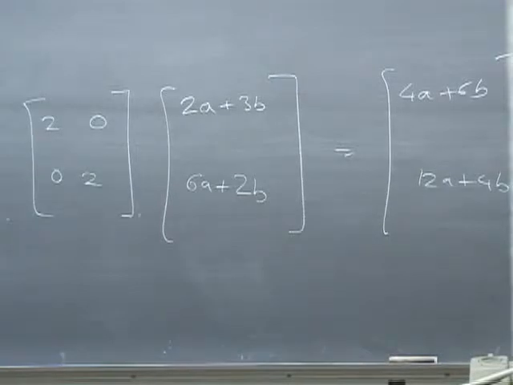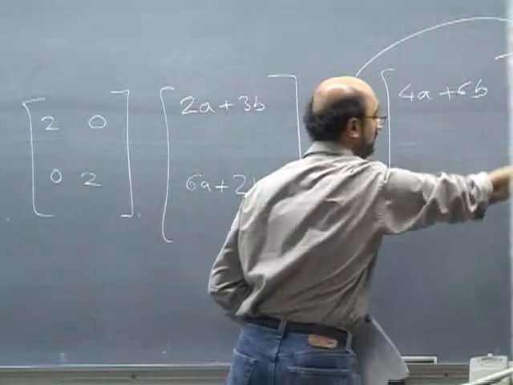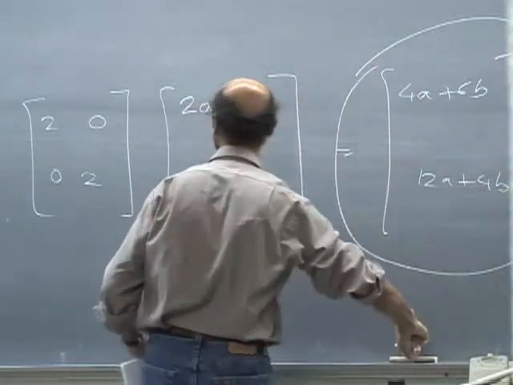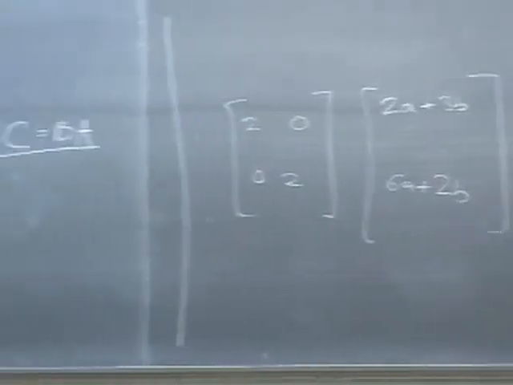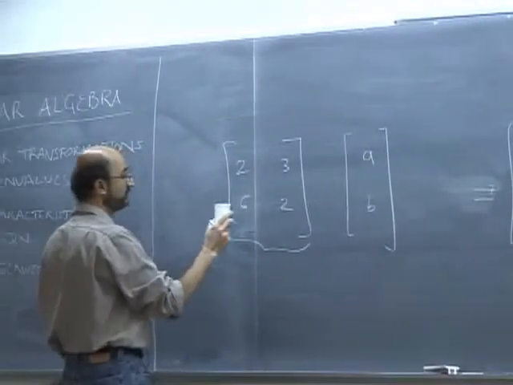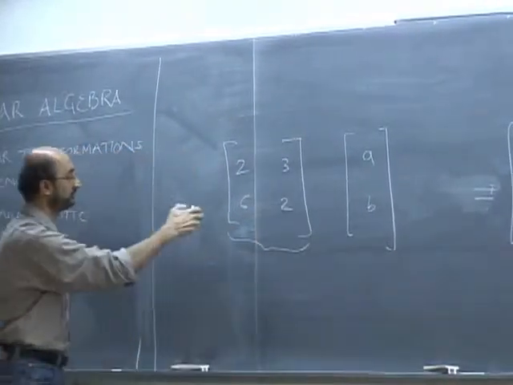So the question is, can we get this final result more easily? And the answer is yes, because we can use this rule, C equals BA. So let's just use this over here.